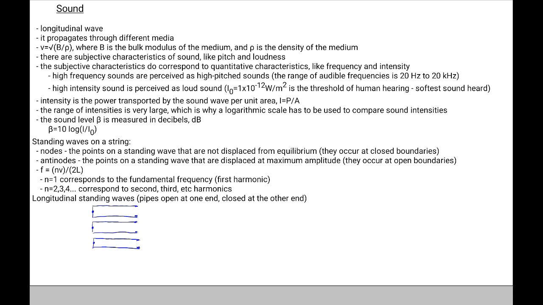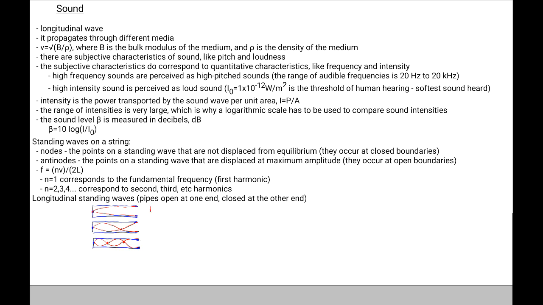Well, we can start at this point with a node and then start opening up until we get here. Then the next one, we can cross it here in the middle, so we have another node there. And then the third one would be something like this. So we have 1, 2, 3 nodes here, and then we have 1, 2, 3 antinodes, 1, 2 antinodes, and 1 antinode.